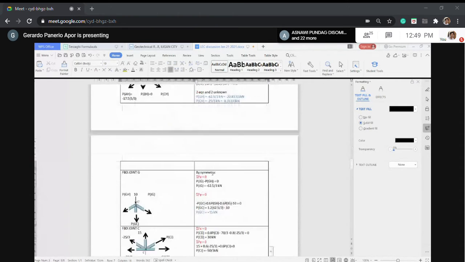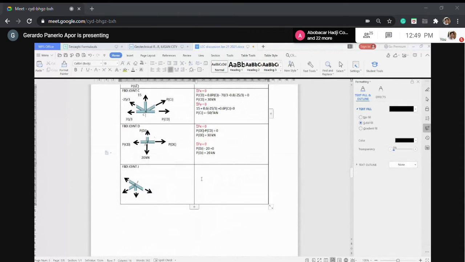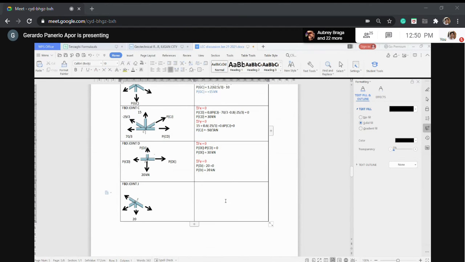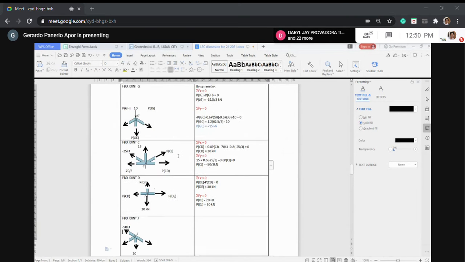So here, this is already 20. This one is CG minus 50 divided by 3. And this one here is, what's it here?